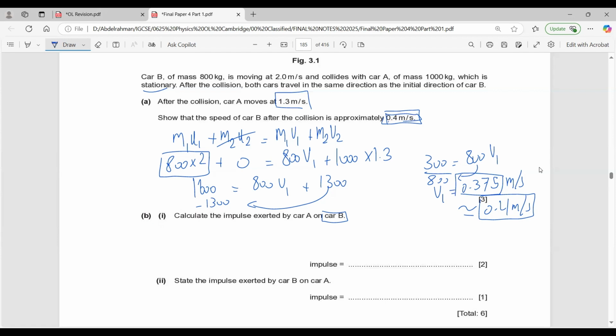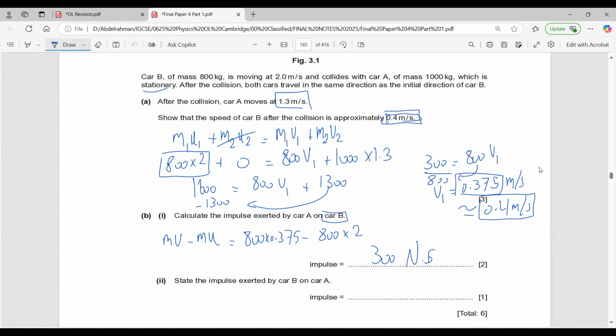So mv minus mu, which is 800 times 0.375 minus 800 times 2. It should give you 300 newton seconds, or kilogram meters per second.